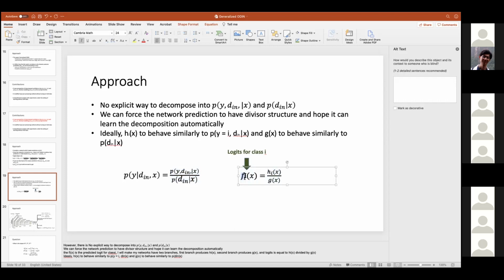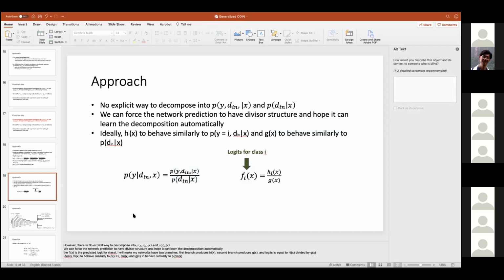Then we let the final output be hx divided by gx. That's what I mentioned. We force the network to have a divisor structure. And ideally, we think that hx will behave similar to this numerator here, and gx will behave similar to the denominator.